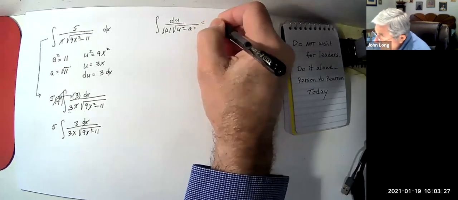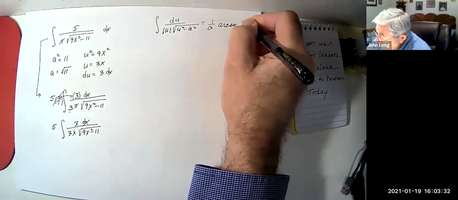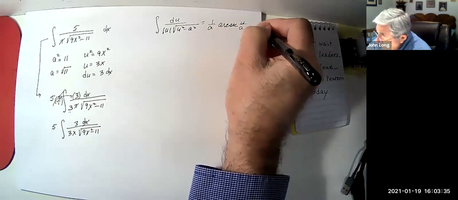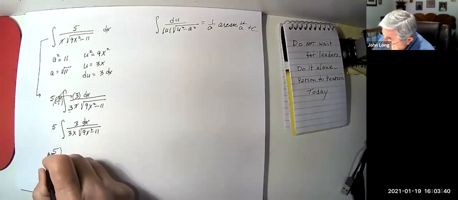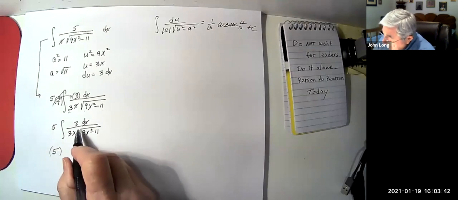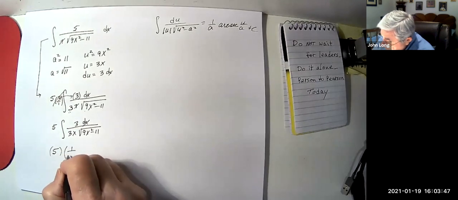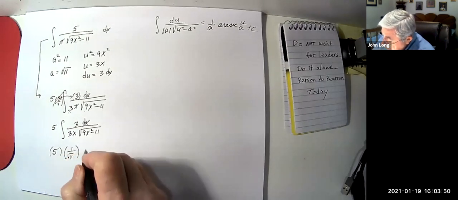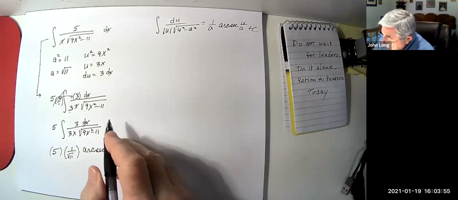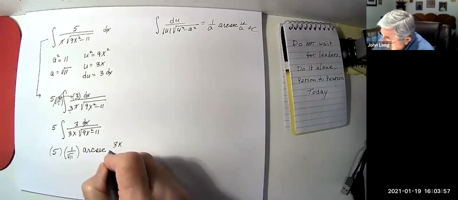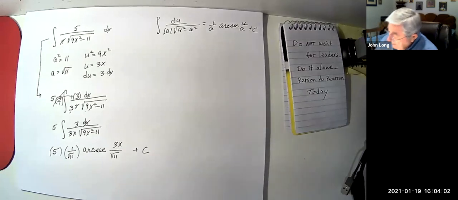And so now again we use the formula, arc 1 over a arc secant u over a. So what we've got to do to this thing, we keep the 5 there. We need 1 over a. What's a? A is the square root of 11. So this is going to be 1 over the square root of 11 arc secant u, which is 3x over the square root of 11, plus c.